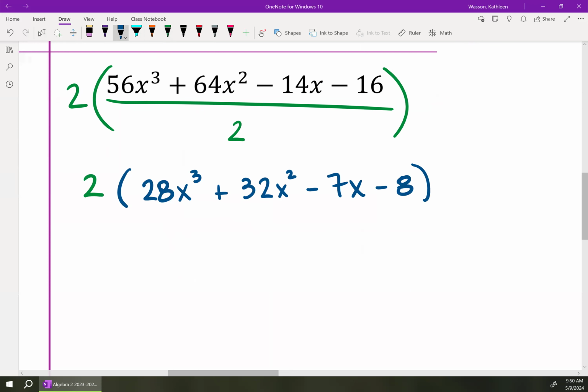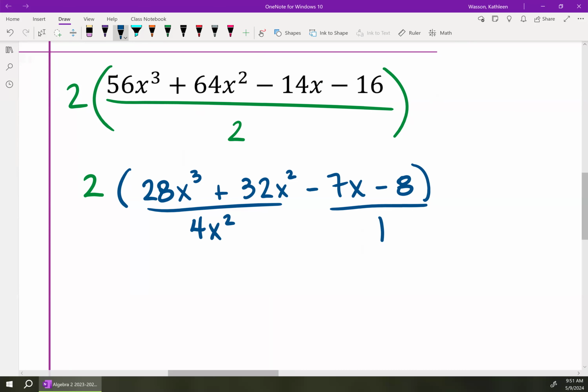You make two groups, first two, second two. For 28x to the third and 32x squared, the greatest common factor is 4x squared. For the second group, there doesn't appear to be any common factor, so you can take out 1.